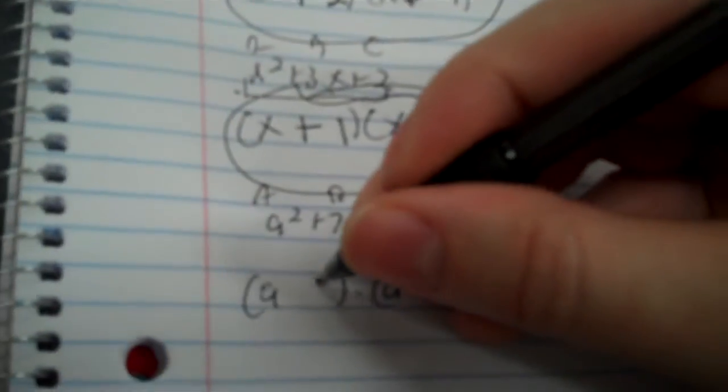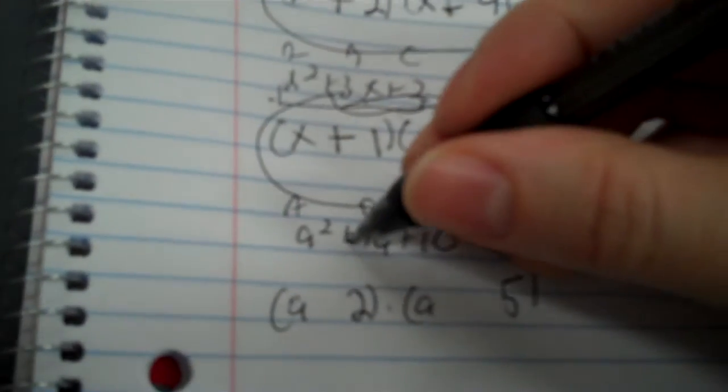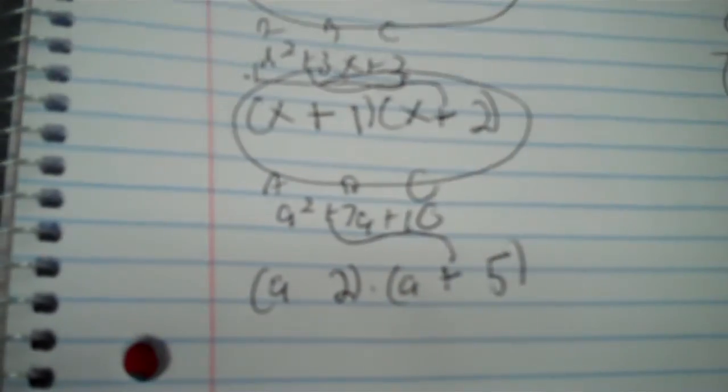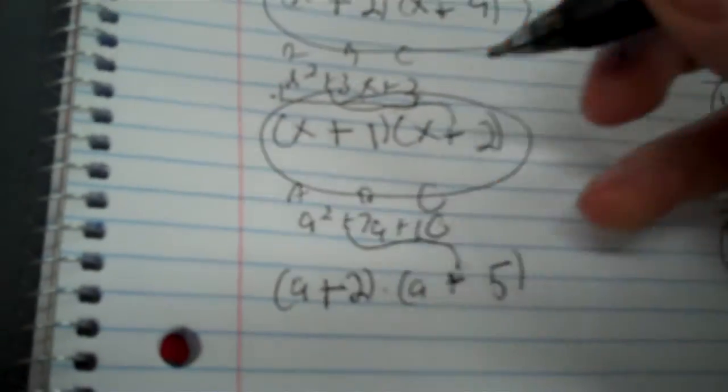So I start dividing 10. 10 divided by 1 is 10. 1 plus 10 isn't 7. 10 divided by 2 is 5. 2 plus 5 is 7, so that's it. 2, 5. So this plus, that's got to go to the bigger number, and adding means the signs have to be the same. So it's a plus 2 times a plus 5.